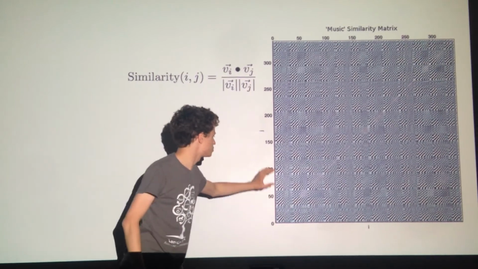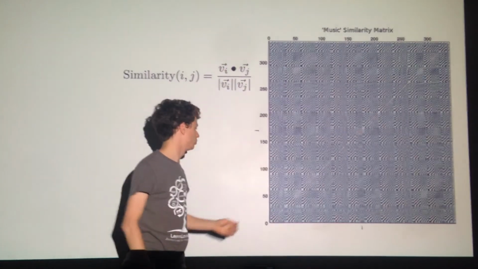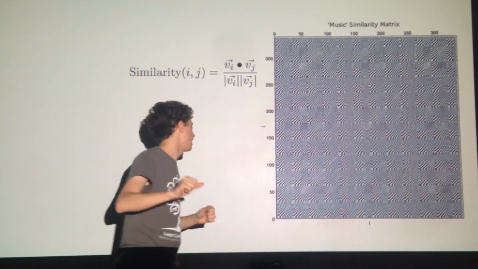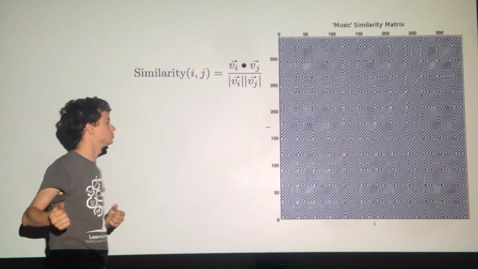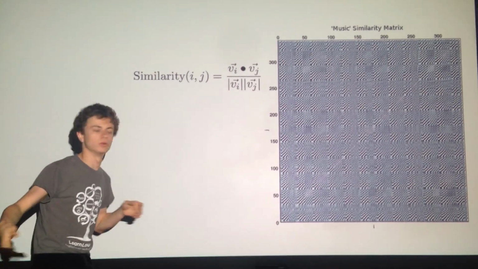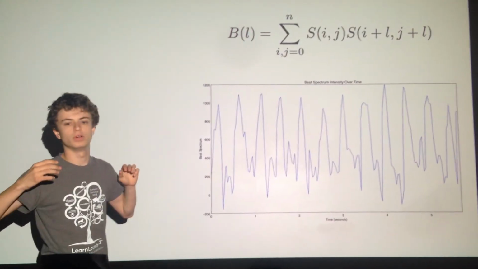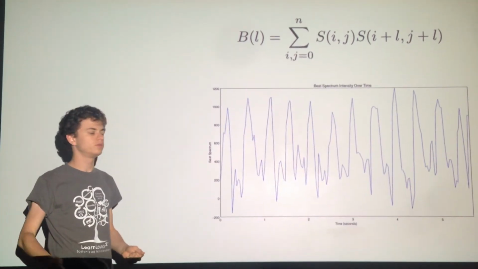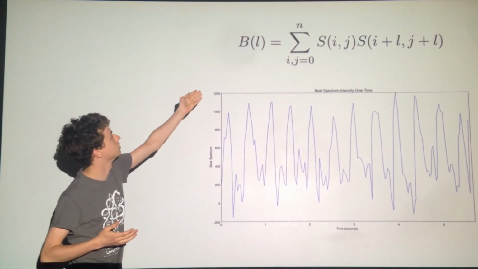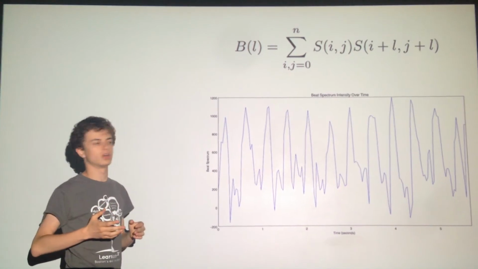As you can see here, these squares show the similarity, where white means completely similar and black means not similar at all, so there's a white line through the diagonal where the signal is identical to itself. The way we used this was when we found the similarity of the self-similarity matrix with itself, we did this by the autocorrelation, which is here and is very similar to a convolution.